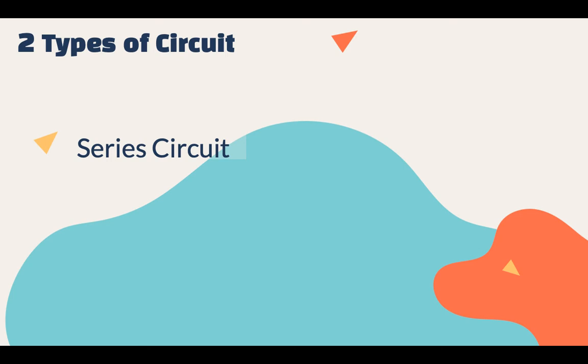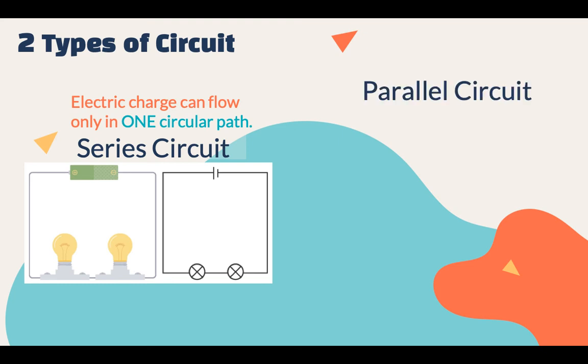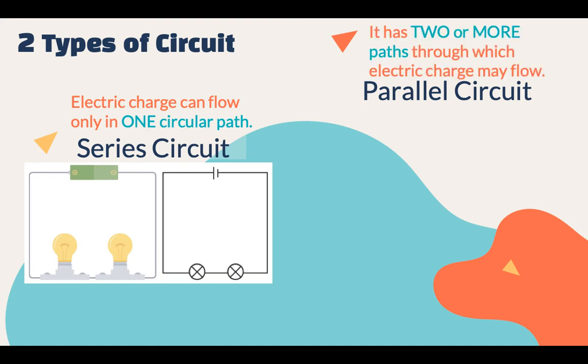Circuits are of two types. The first type is a series circuit. In this circuit, electric charge can flow only in one circular path. The second type of circuit is called a parallel circuit. It has two or more paths through which electric charge may flow.